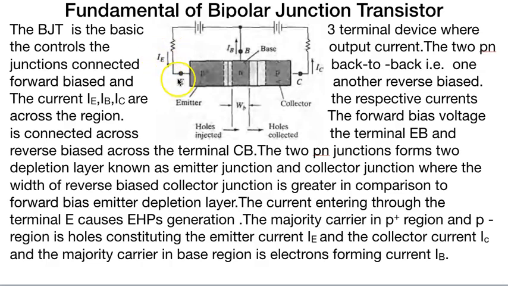IE is the emitter current going into the emitter region, the base current goes away from the base region, and the collector current again goes away.